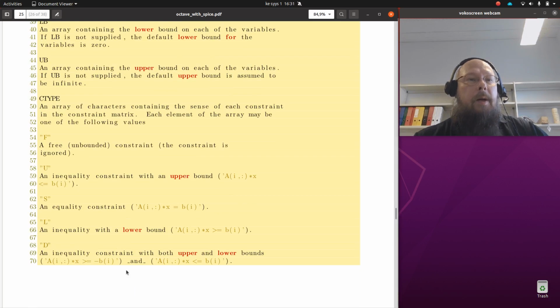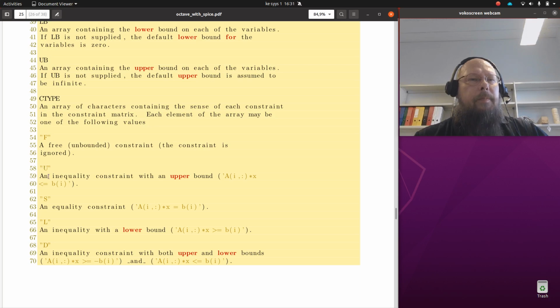And now there is actually F, like free. This means that if we want to ignore a constraint, we can do it. One could ask, why would we ever want to write a constraint and then ignore it, that is, remove it? Well, maybe it's useful sometimes, I don't know. We are not going to use it. If we don't want a constraint, we don't write it.